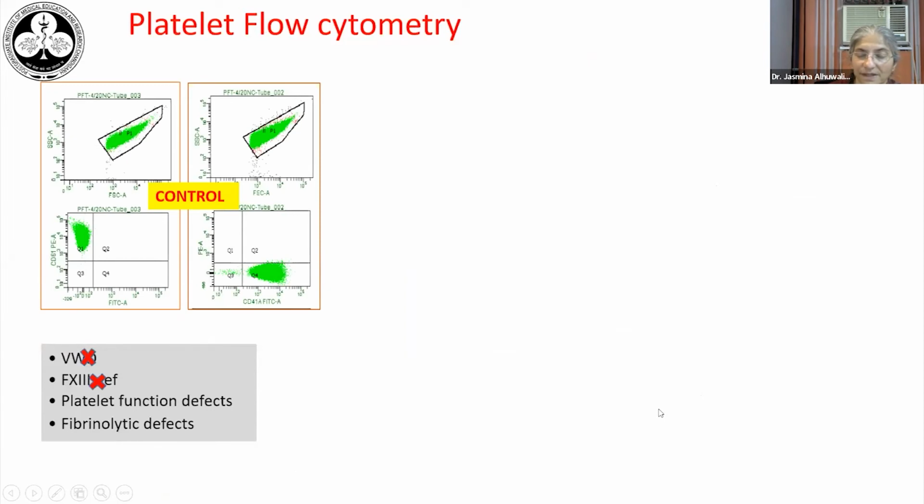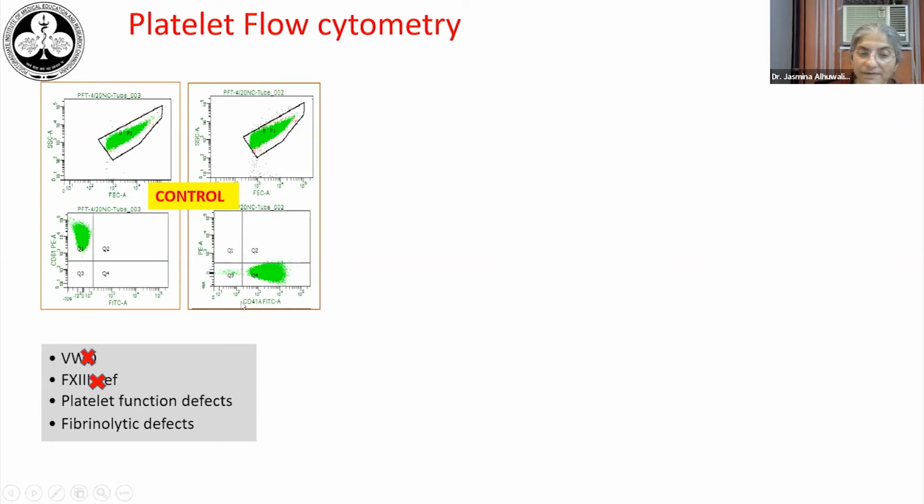So in this patient, where we had suspected a platelet aggregation defect in the form of Glanzmann's thrombasthenia, we took the help of platelet flow cytometry to further confirm our diagnosis. So the platelet-rich plasma is labeled by FITC or PE, which is marking the receptor proteins. The glycoprotein 2B3A receptor is the one which is defective in Glanzmann's thrombasthenia.